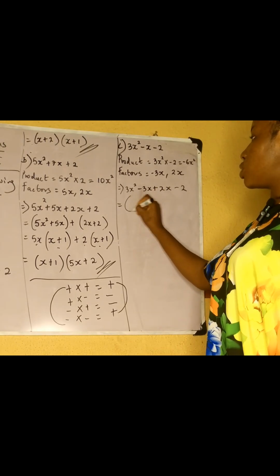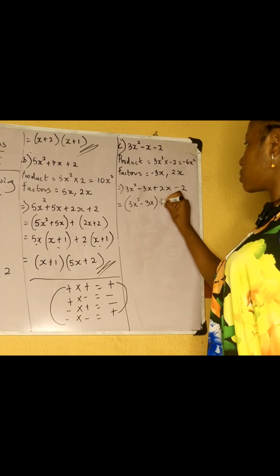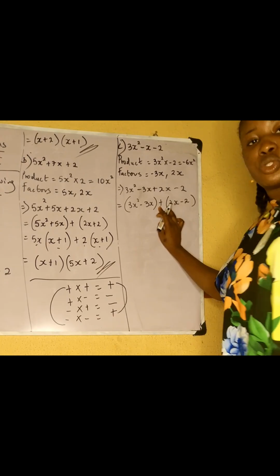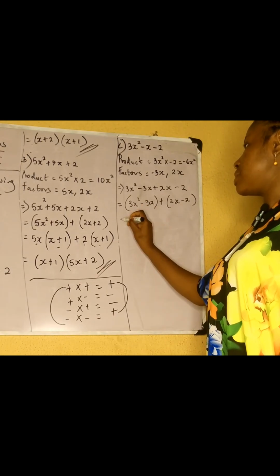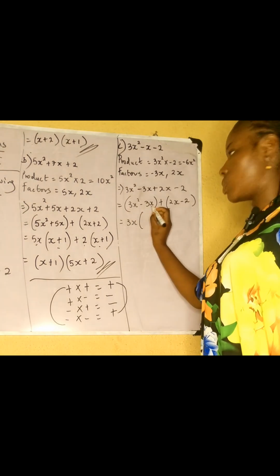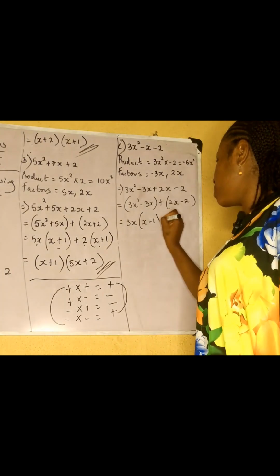So our next thing to do is to group them in 2s. Remember, a plus should be between them. Then I'll check what is common between these two. 3s. I factor out 3s. Then I remove 3s from 3s, so what remains? S. Remove 3s from minus 3s, minus 1 remains.